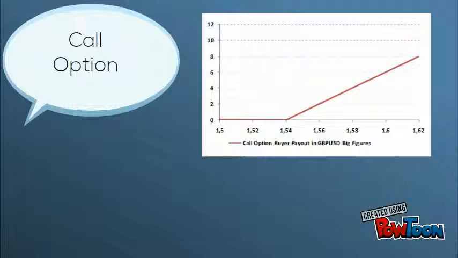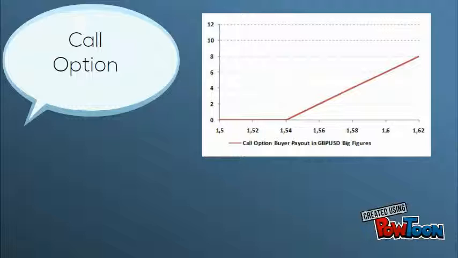If the spot rate ends up being higher than your strike, you would be able to buy at the strike rate, and conversely, if the spot rate is lower than the strike, you could ignore the option and buy directly in the market. While this provides great flexibility, you do usually have to pay a premium to enjoy such benefits, which should be added to your financial calculations.